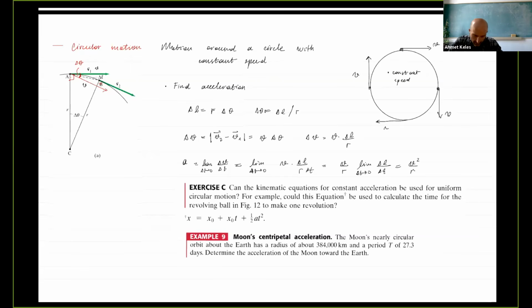And what we found is the magnitude of acceleration is also constant, but it's always pointing inside like this, right? And its magnitude, A, is the square of velocity divided by radius. It's a really nice formula that we'll use a lot. All right. Any questions? Any comments for this? I guess everybody already knew that, right?